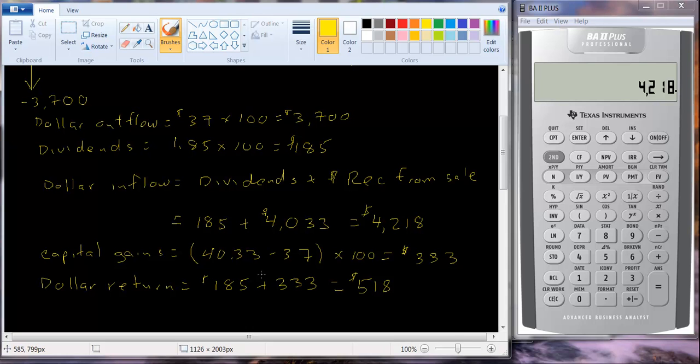But that doesn't tell us very much. It doesn't tell us very much because you made $518, but how much money did you have to invest? That's why we like looking at percentage returns. You make $518 on a $1 billion investment. That's not very good. You make $518 on a $10 investment.